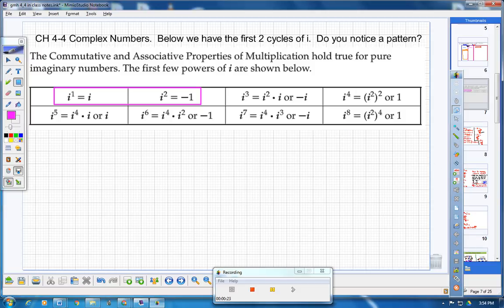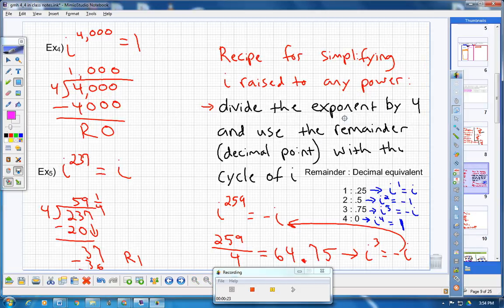The recipe for this, just to get right to the point: the directions would be divide the exponent by 4 and use the remainder or decimal point with the cycle of i. So if your remainder is 1 or your decimal equivalent is 0.25, then the power of i is going to be the same as i to the first, which is i.